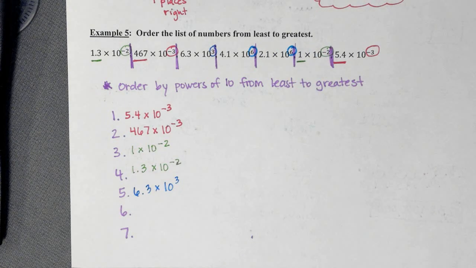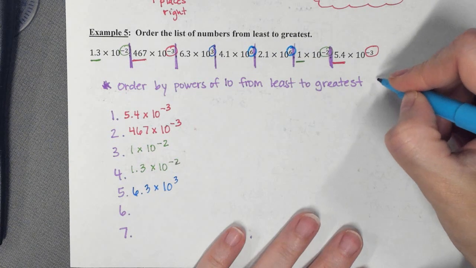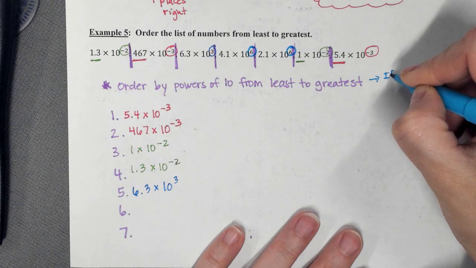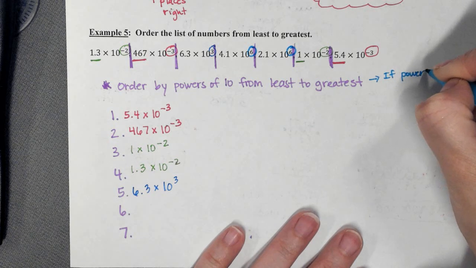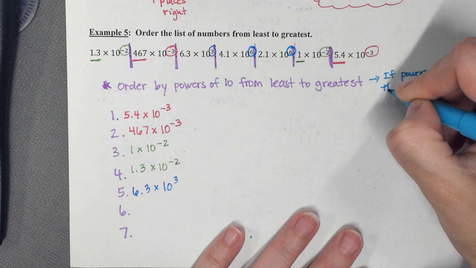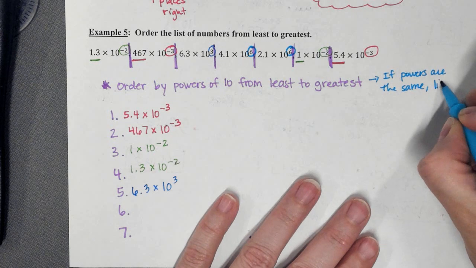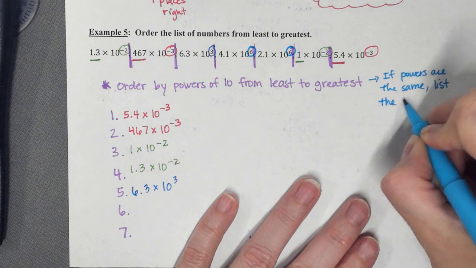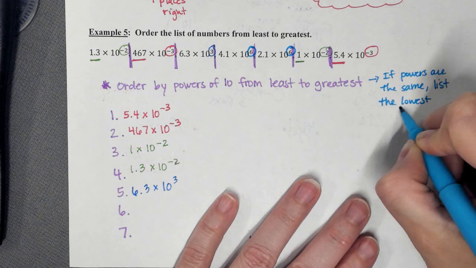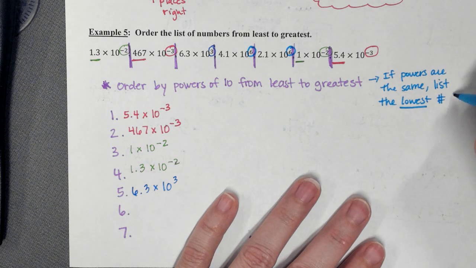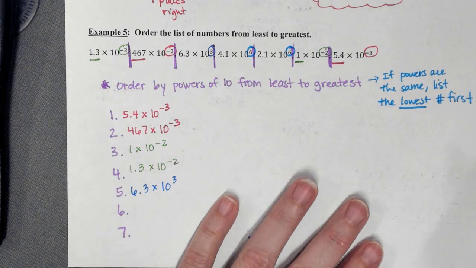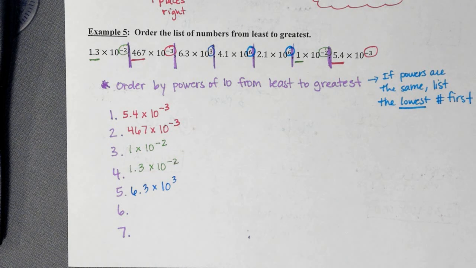So if the powers are the same, you just list the lowest number first.